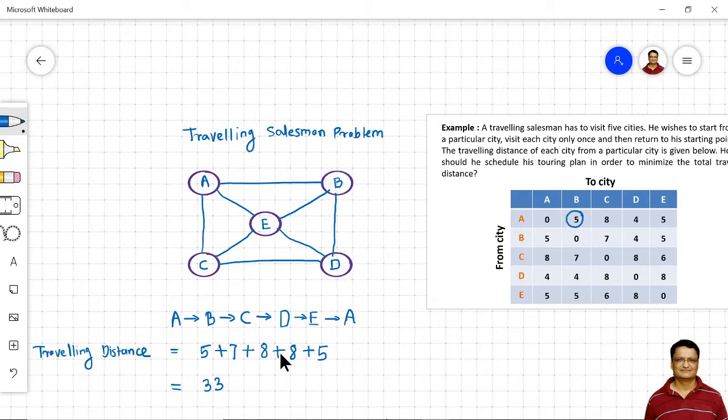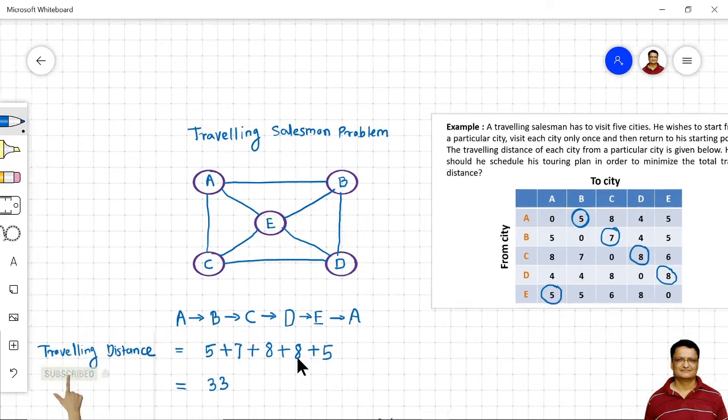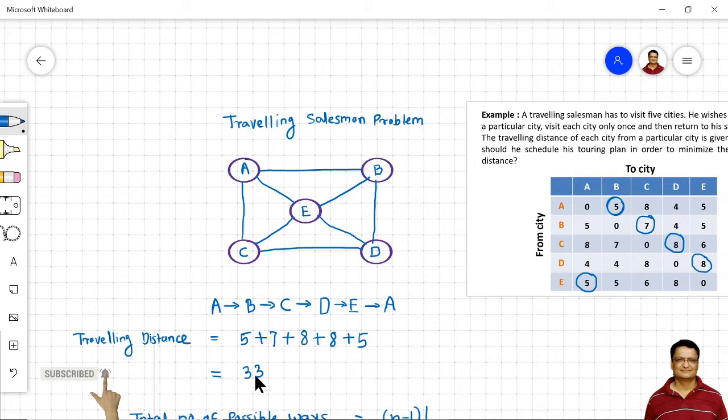The distance between B and C is given as 7. The distance between C and D is given as 8. Distance between D and E is given as 8. And distance between E back to A is given as 5. So the total traveling distance will be 33. But we are not sure whether this is the minimum traveling distance or not.